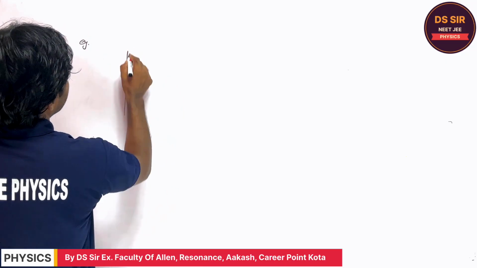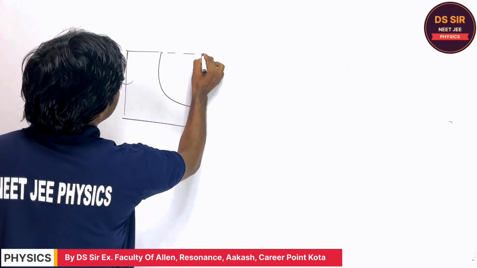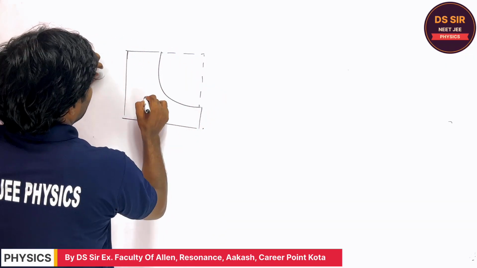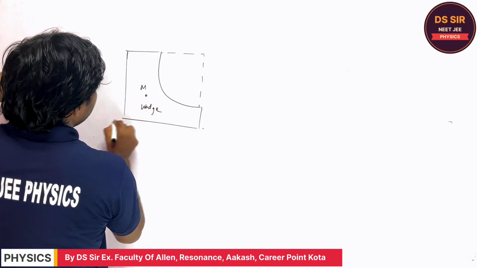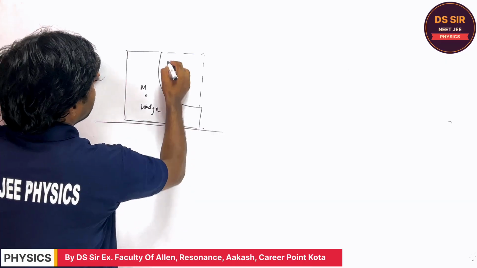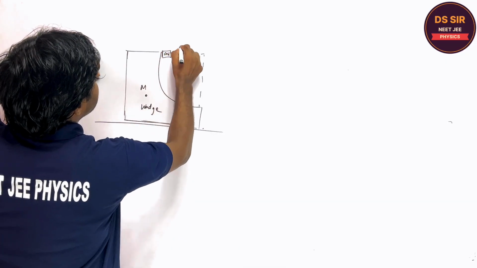Suppose there is a wedge in this shape, with a quarter circular track. The mass of the wedge is capital M. It is placed on a smooth surface, and there is a small block of mass m.